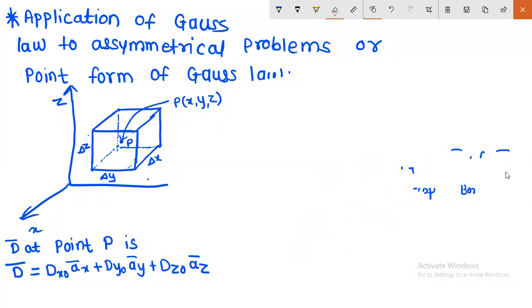I'll keep this diagram as it is because it will be required for understanding.